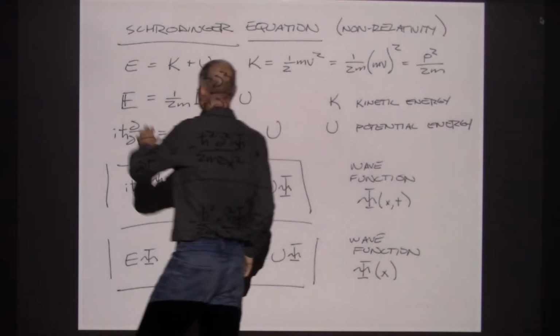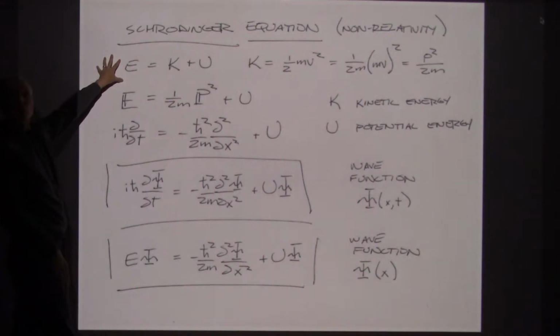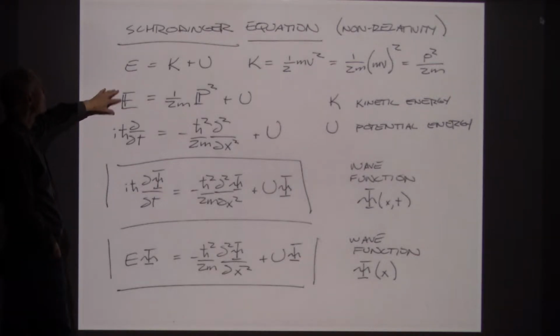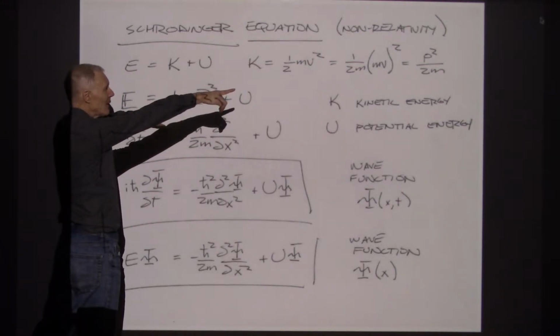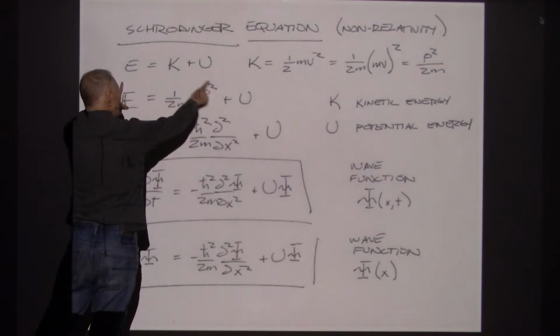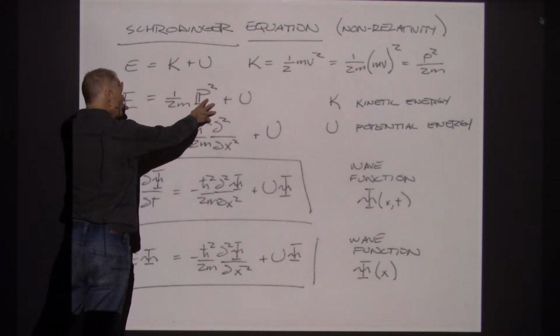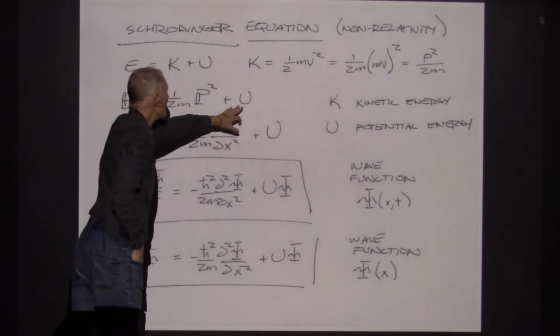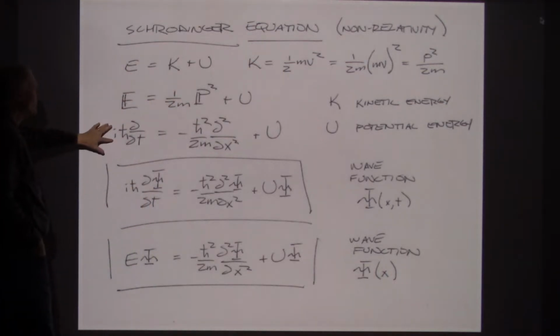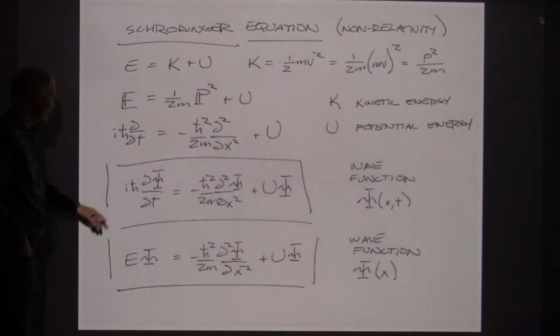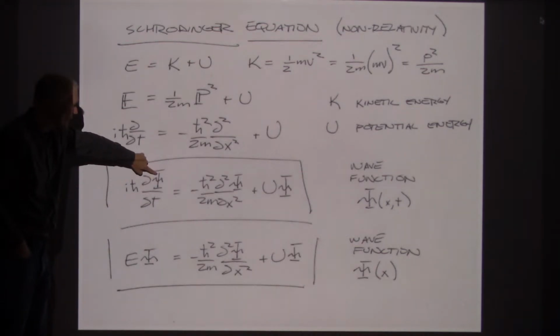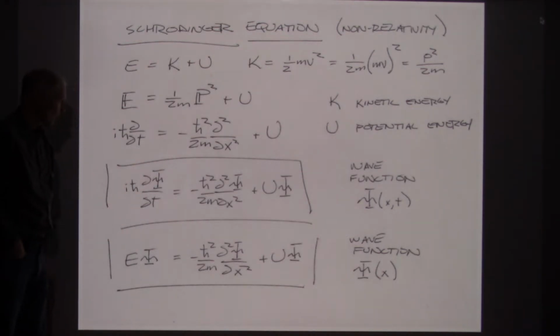So this energy formula from classical physics becomes, in terms of operators, the energy operator is equal to 1/2m times the momentum operator squared. That's from writing down the kinetic energy, written in terms of momentum, and then the potential energy. So the differential equation looks like this, and if we substitute in a wave function, it looks like that.